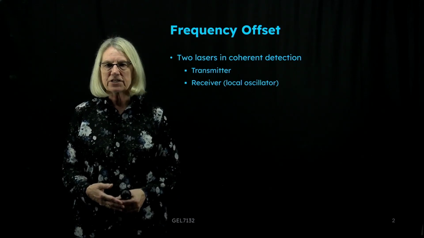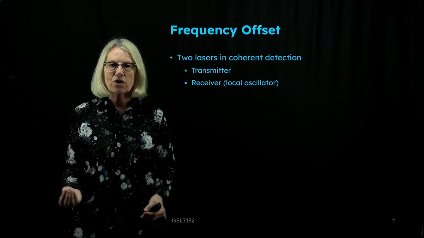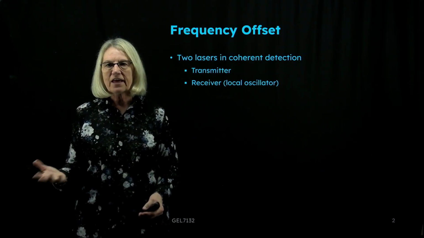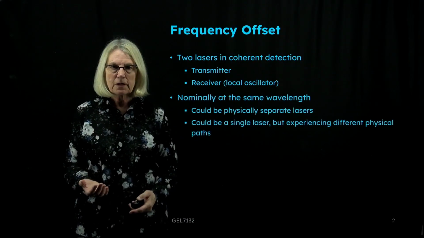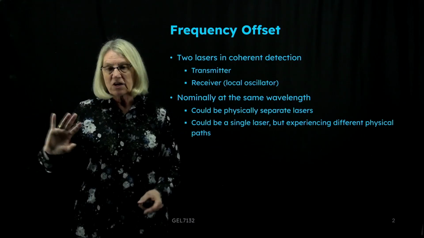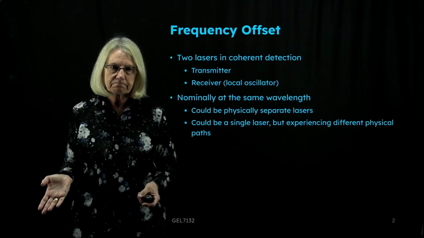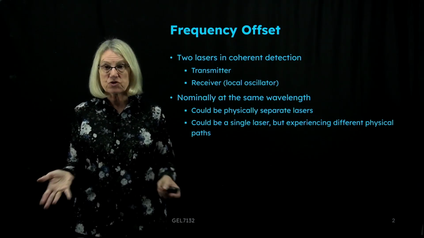in coherent detection. So because these are two physical lasers, although they nominally have the same wavelength, in fact, they could have some frequency offset between them. So because they are physically separated, we could even have a system where I have a distributed laser.